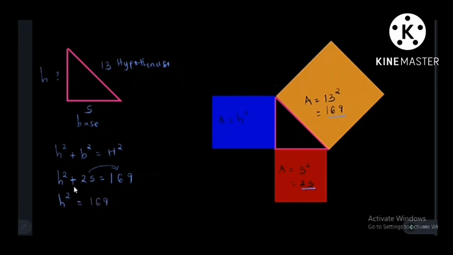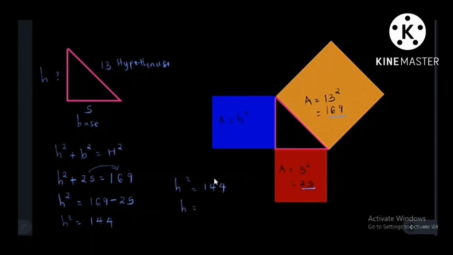When 25, a positive number, goes to the other side of the equal sign, it becomes minus, so minus 25. So h squared should be equal to 169 minus 25, that should be 144. Now, if h squared is 144, what will be the h?